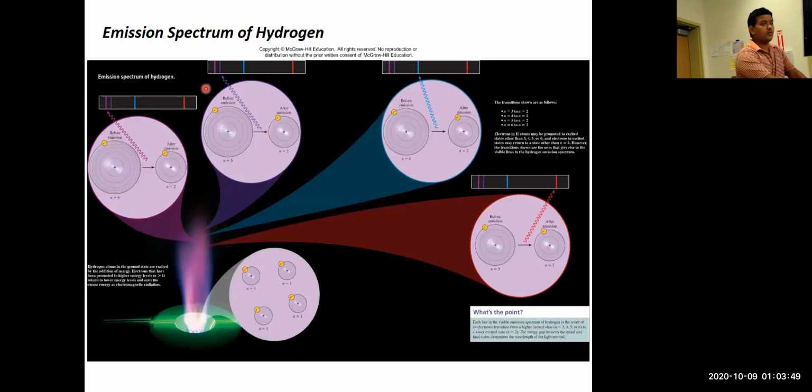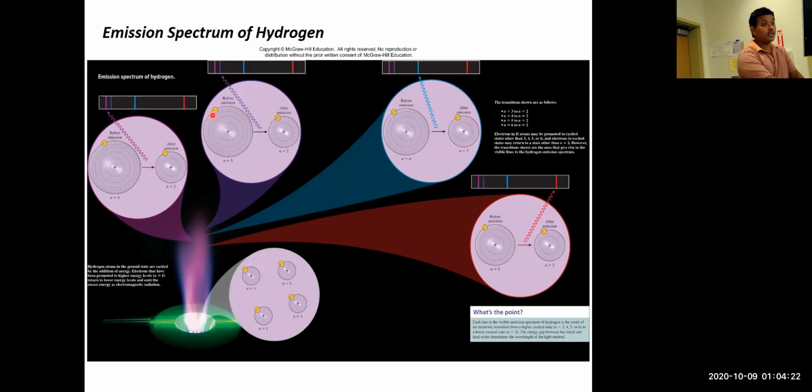So when an electron is already at N6, an excited state, and it comes back to N2 specifically, we are able to read a signal of a particular wavelength that we can see in our visible spectrum range.